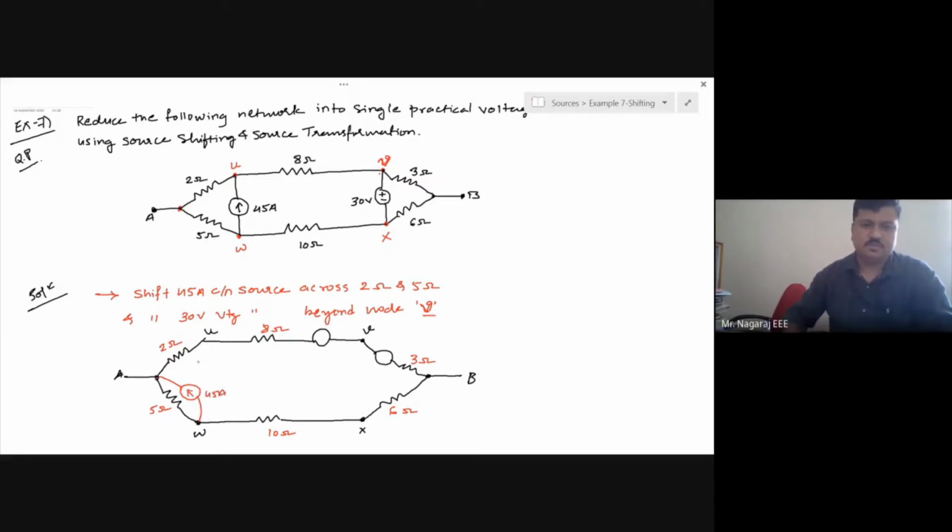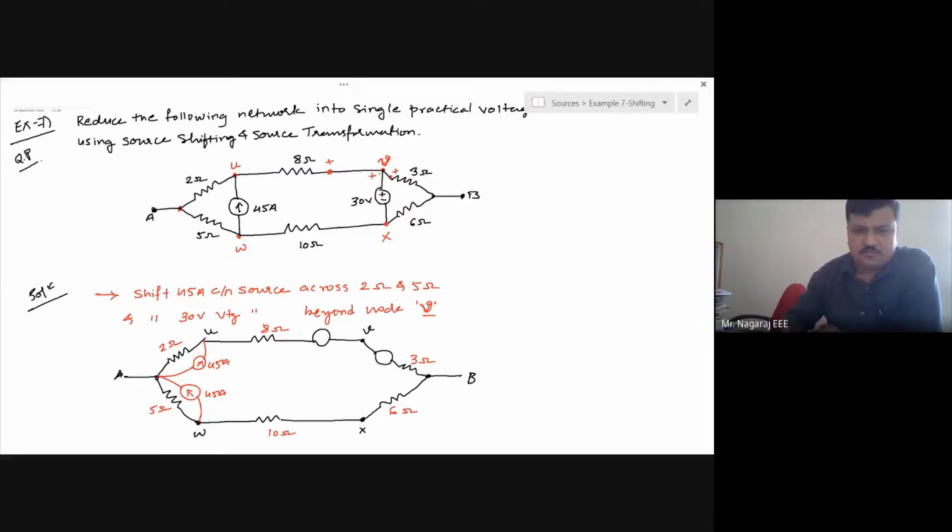So 45 amps. At U, the current has to enter. Okay, so the right terminal of 8 ohm is at positive potential and the left terminal of 3 ohm is at positive potential.